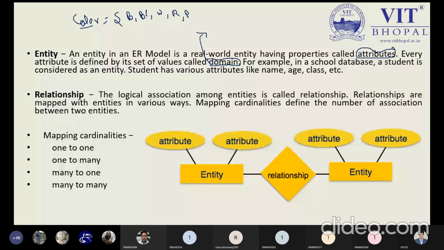So this is my domain. This is my attribute name, and this attribute contains a set of some values: blue, black, white, red, pink, and yellow. So this is known as a domain. Now is it clear to all?